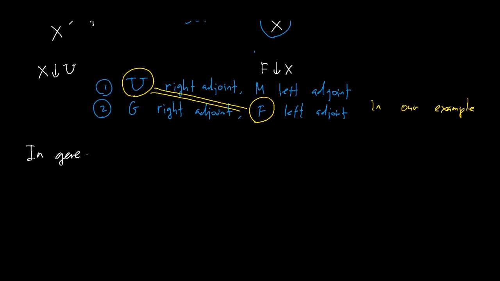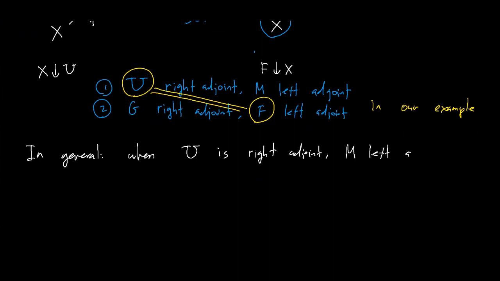And in general, one can prove that when U is right adjoint and M is left adjoint, U op will be left adjoint. We dualize the functor.